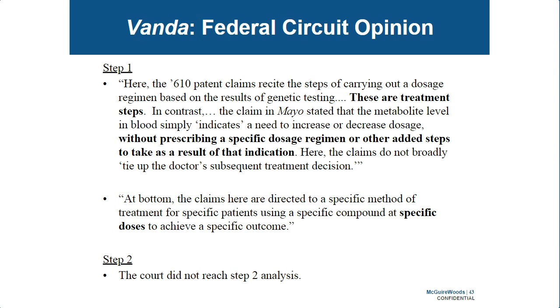So in the Hatch-Waxman scenario, it seems like when you have a method of treatment claim, those kinds of claims will be eligible for patent protection. Whether or not you need to also claim specific doses is not so clear. At least other courts have said or suggested that even without specific dosages in the claims, they will still be eligible for patent protection.